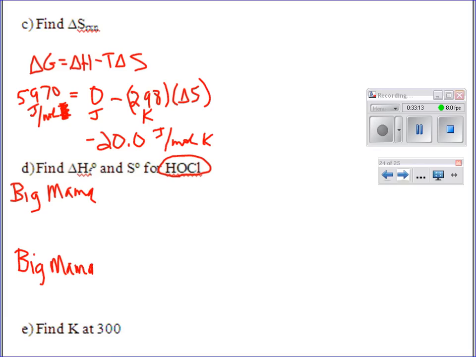What you're going to do is set each of these equal to the delta H. We'll do the Big Mama delta H, and we'll do the delta S Big Mama. We calculated those values. This one's 0. This one, I forget. And you're going to use the information given at the beginning of the problem and plug in everything. And for HOCl, you're going to put in an X, and you're going to solve for it. So I'm going to pause the video. People at home, pause the video as well, and I will set this up.